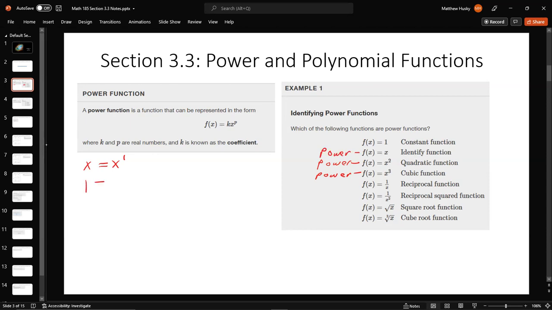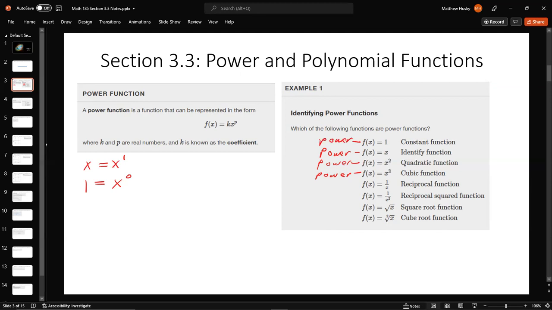Well, you might have a vague recollection that anything raised to the 0 power equals 1. So if you take x to the 0 power, that will give you 1. So in fact, even just a function that equals a number would qualify as a power function. The power would just be 0.